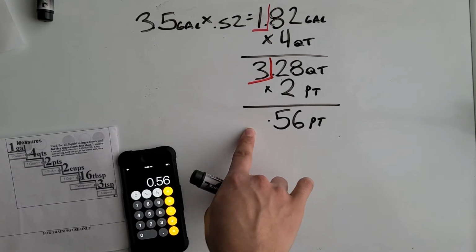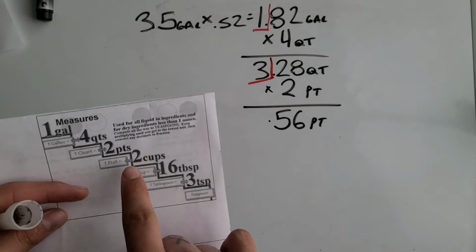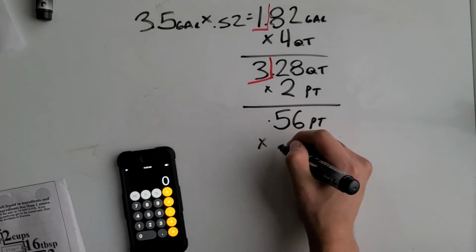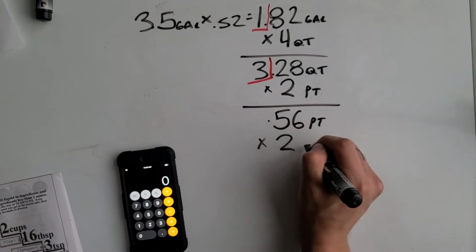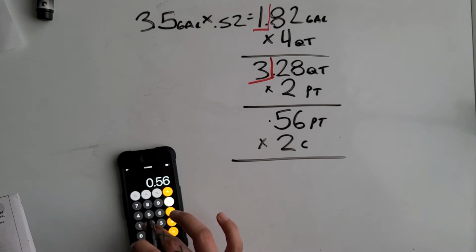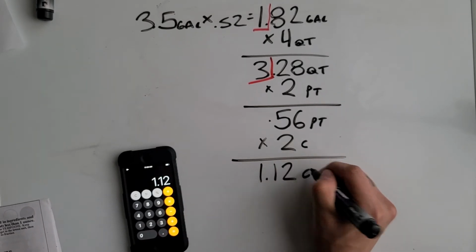There's no whole number, so we're going to continue going down. Pints, we multiply by the unit under, so 2 cups. So 0.56 times 2 cups equals 1.12 cups.